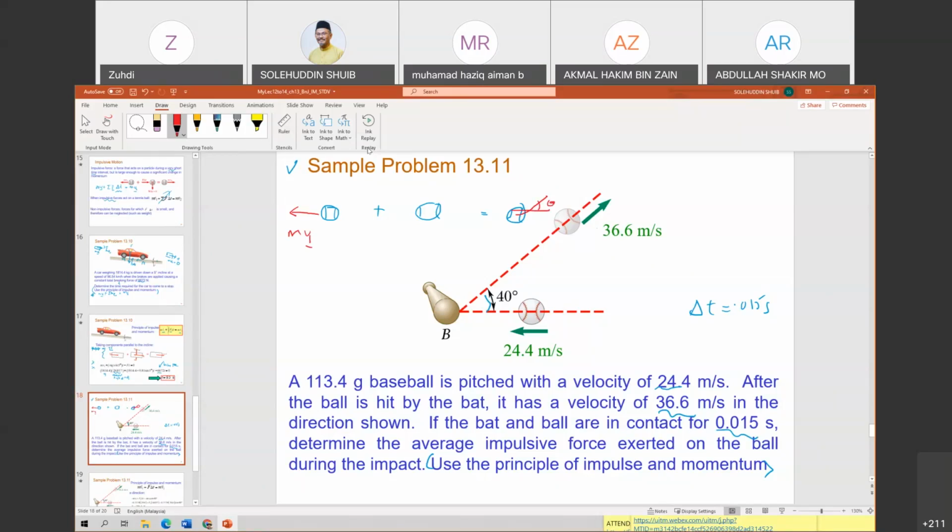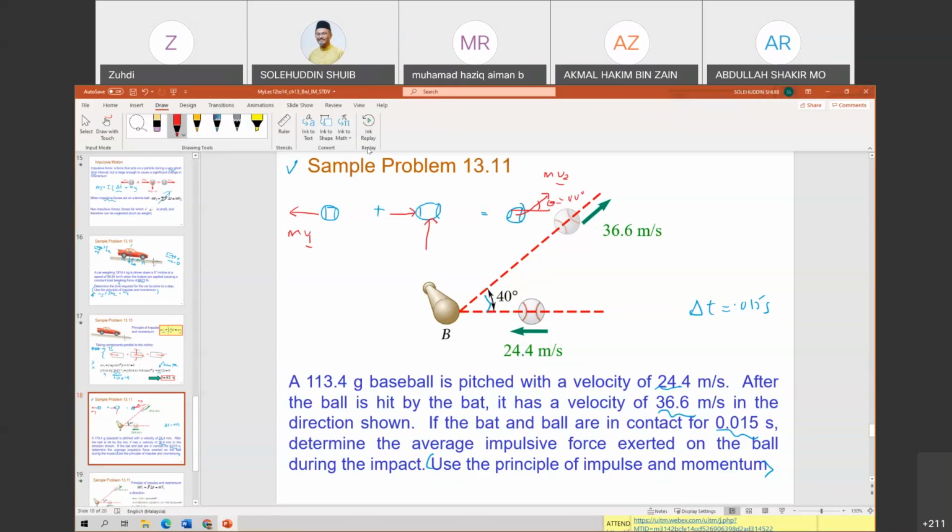going at an angle of 40 degrees. So you have MV2. See what happened here? We have impulse in this direction and this direction.